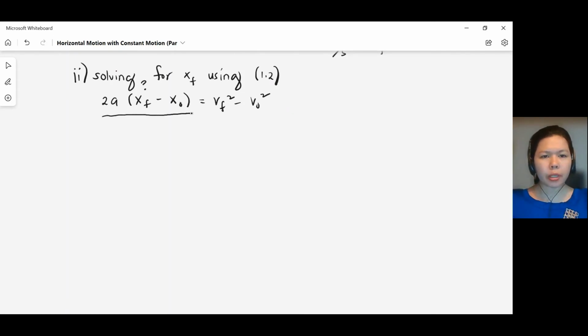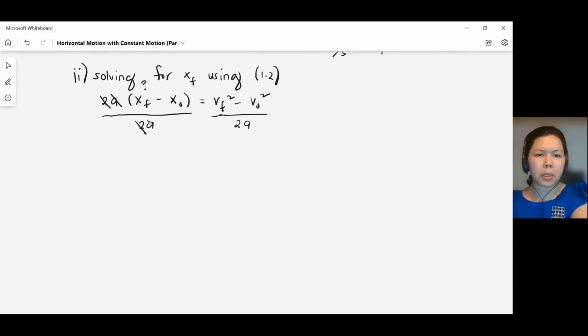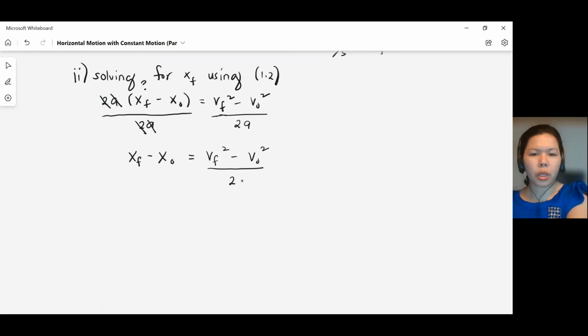So first we divide the entire equation by 2a. So we cancel: 2 divided by 2 and a divided by a. The left side we are left with xf minus x naught equals, we copy the term on the right side, vf squared minus vo squared over 2a.